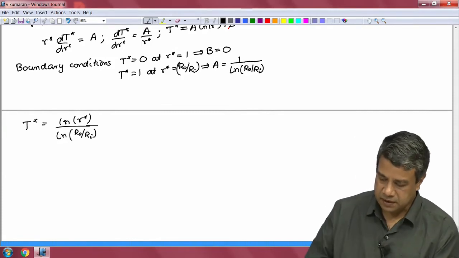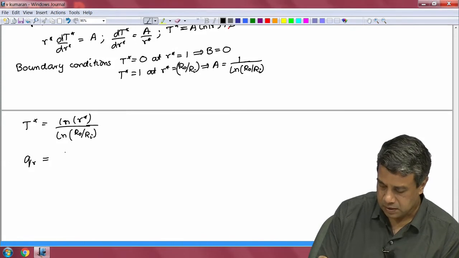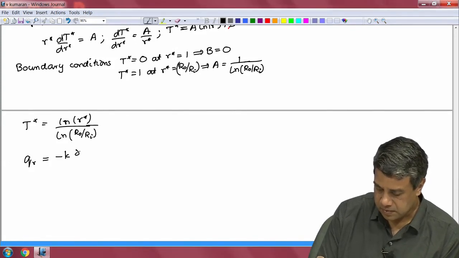We can calculate the flux. Q_r is equal to minus K times partial T by partial r.